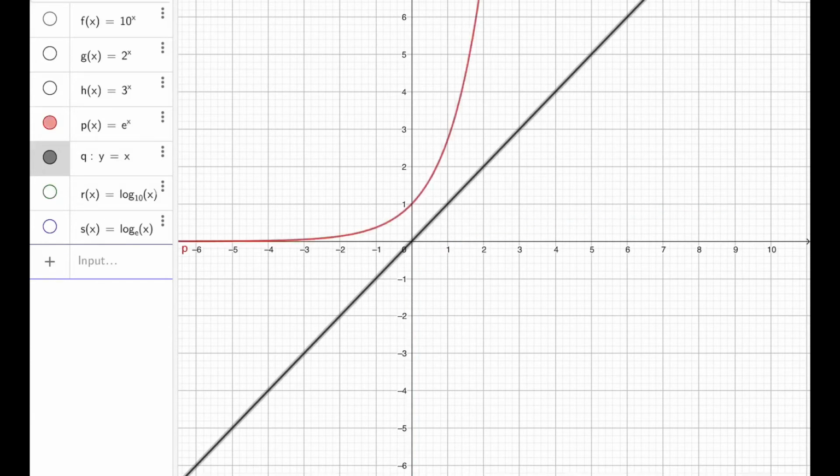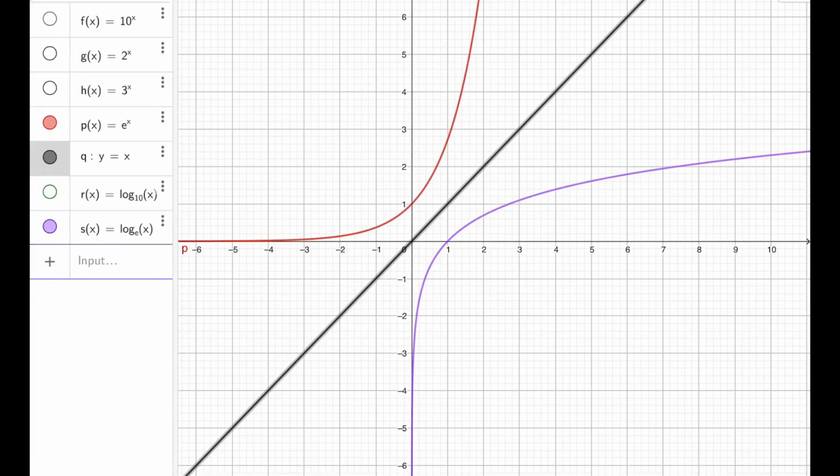Similarly, for the natural exponential function e raised to the power x, the graph which you are seeing in red color is the graph of e raised to the power x, that is the natural exponential function. And the graph in purple color is the graph of its inverse.